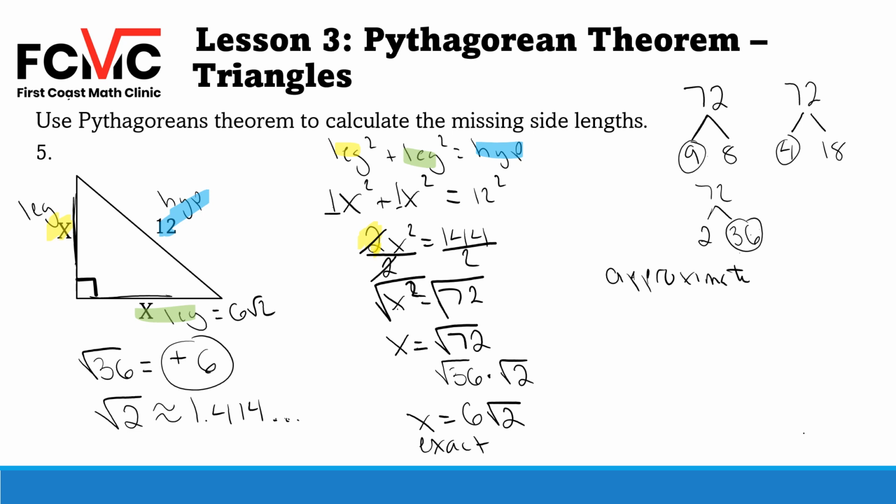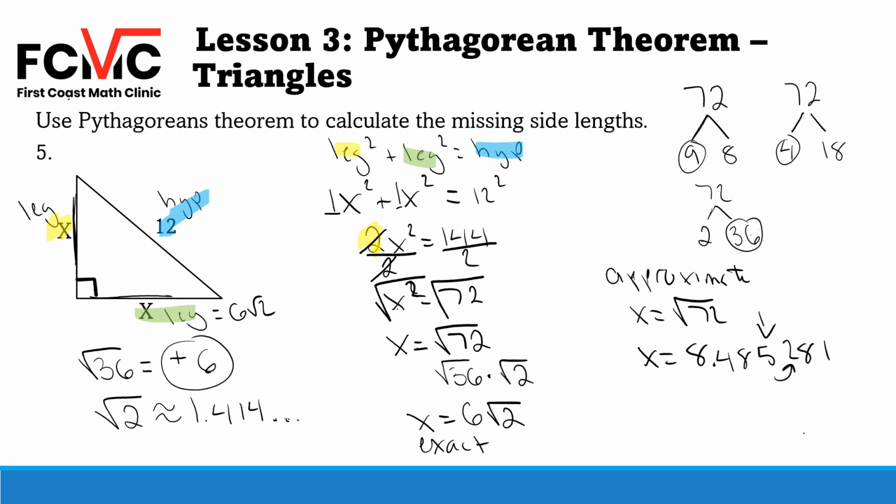And if I want the approximate answer, I can just plug this into the calculator, take the square root of 72, and if we want to round to the nearest thousandth, well, that 5 is in the thousandth place.